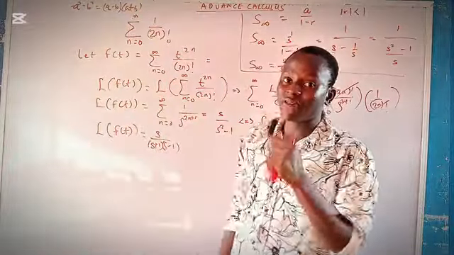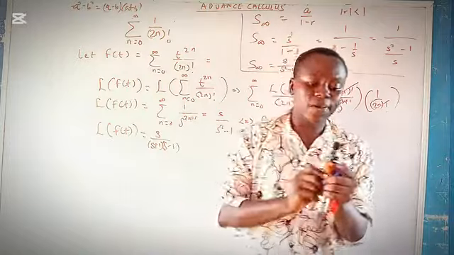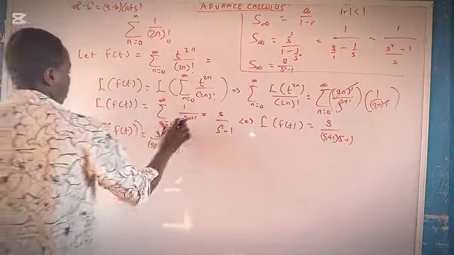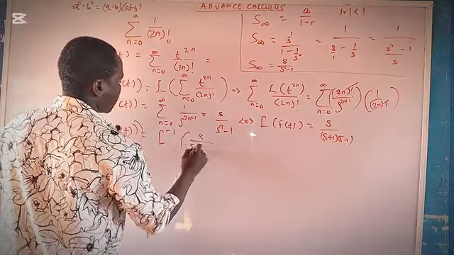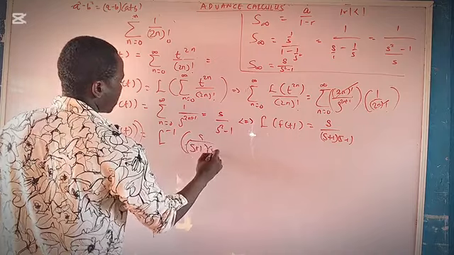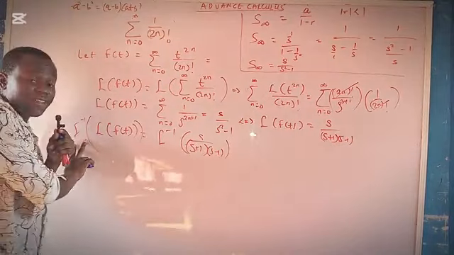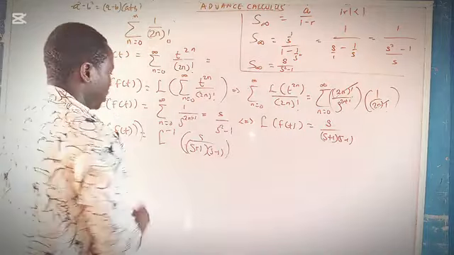So we have to take the inverse Laplace of both sides. Now taking the inverse Laplace of both sides, let me write this: inverse Laplace of s over s plus 1 into bracket s minus 1. Don't forget, if you find the inverse Laplace of the Laplace of f of t, that is going to give you f of t.